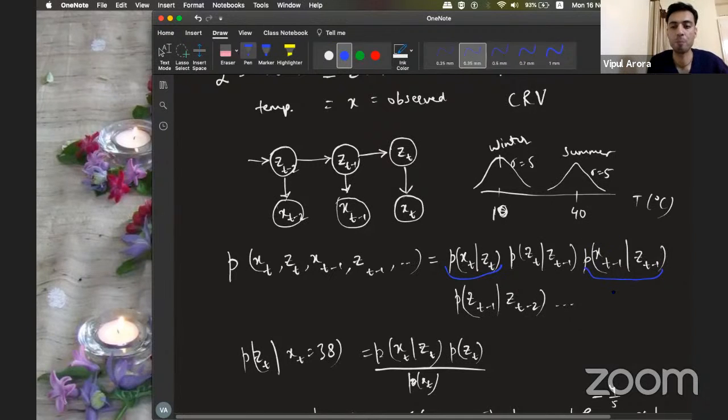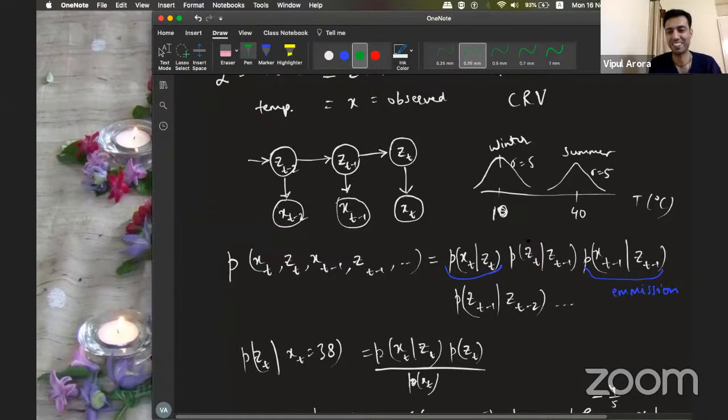These are my emission probabilities. And on the other hand, what is the probability that today is summer given yesterday was summers? Large probability. What is the probability today is summers given yesterday was winters? Small probability, because that jump will happen only once in a year.